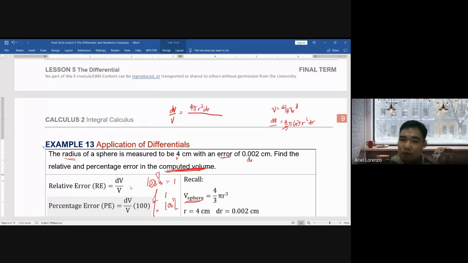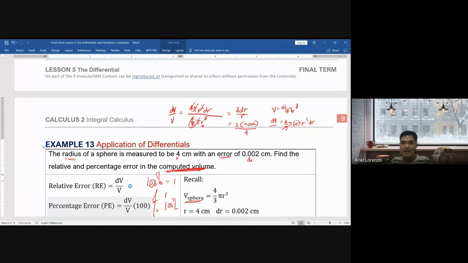And then, ang V mo is 4/3 pi r cubed. Pi, cancel. 4, cancel. Yung r squared, cancel. May naiwan na isa sa baba. Ito is nasa denominator. Pupunta siya sa taas, di ba? Kasi kukunin mo yung reciprocal, then i-multiply mo sa numerator. So, that is just equal to 3 dr all over r. So, parang it's thrice dr all over r. So, 3 times dr, that is 0.002 all over the radius 4.